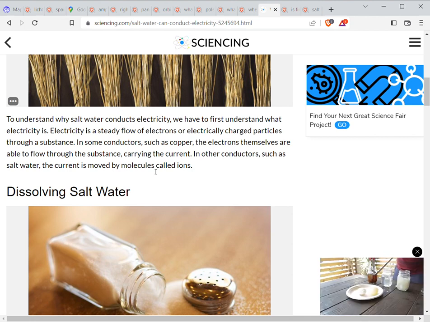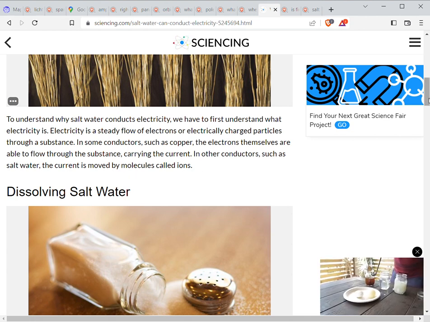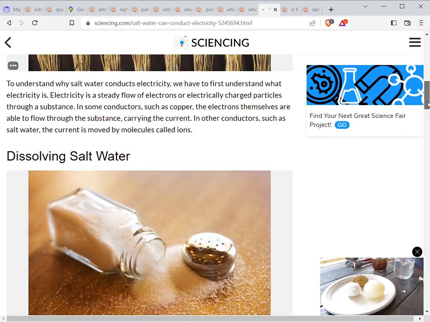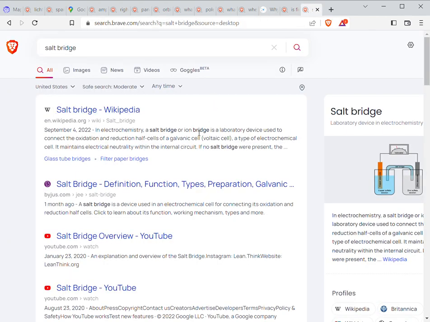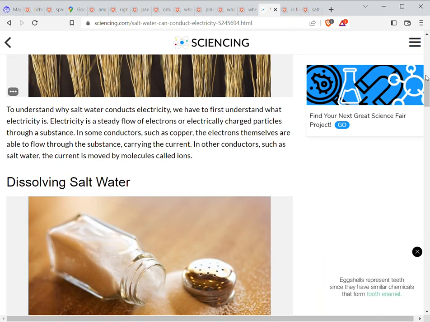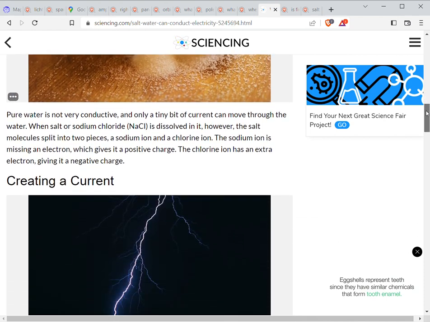So, it's talking here about ions. And sometimes the salt bridge is referred to as an ion bridge, for those unaware. I'm going to link this article. Pure water, not a very good conductor.